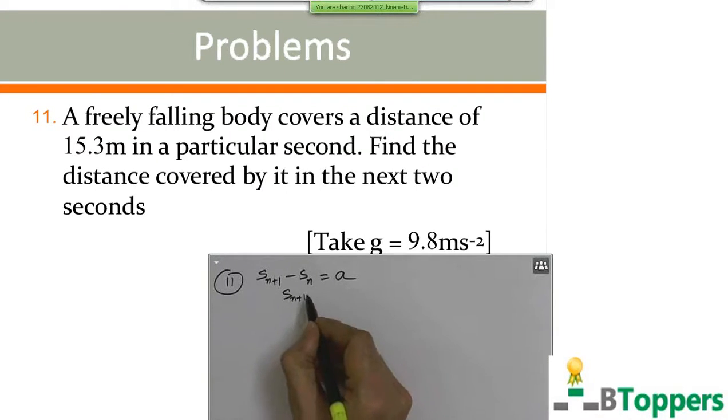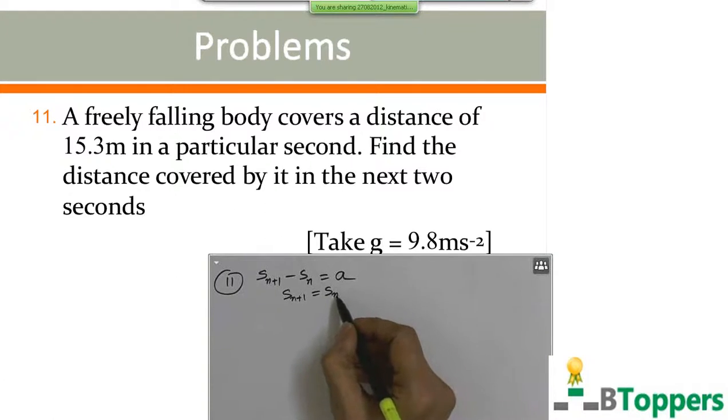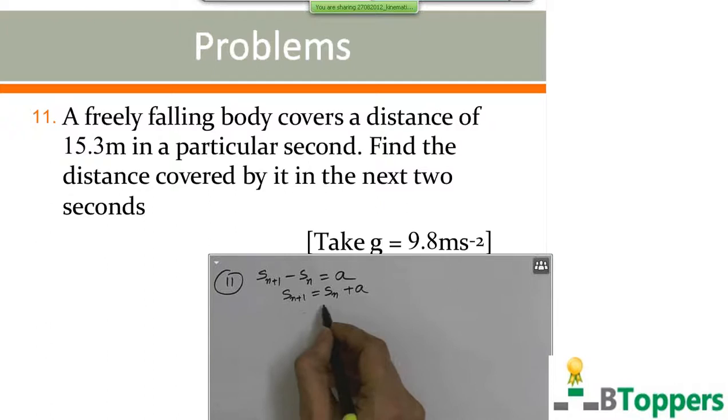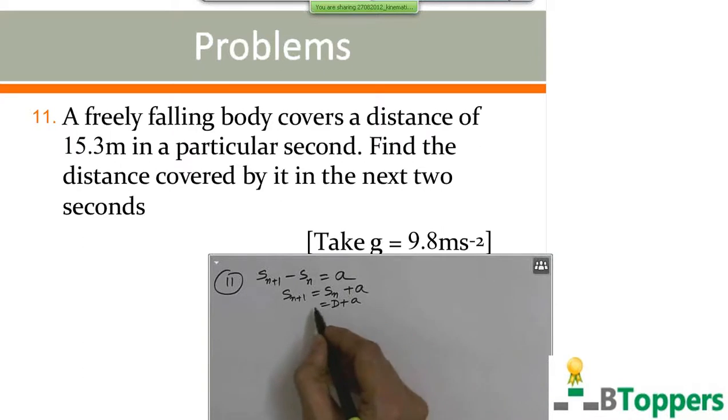So the displacement covered in the n plus 1 second is numerically equal to the displacement covered in the nth second plus the numerical value of acceleration. So here, if d is the displacement covered in a particular second, say in the nth second, the displacement covered in the next second is numerically equal to d plus a.